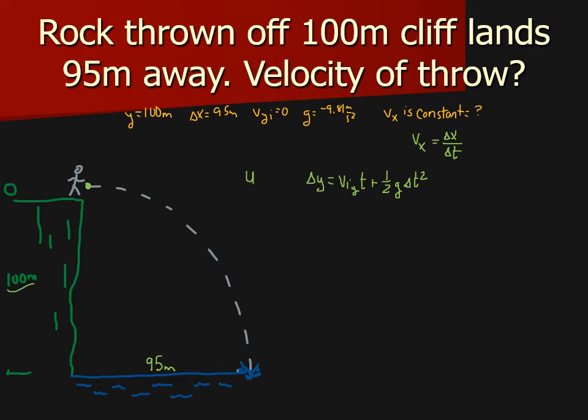Remember, this is a unit 3 equation, and because it's in free fall and the initial velocity is 0, I can eliminate this part of the phrase. I know delta y, I know gravity, and time is my unknown. I can solve this, so let's rearrange and solve for time.